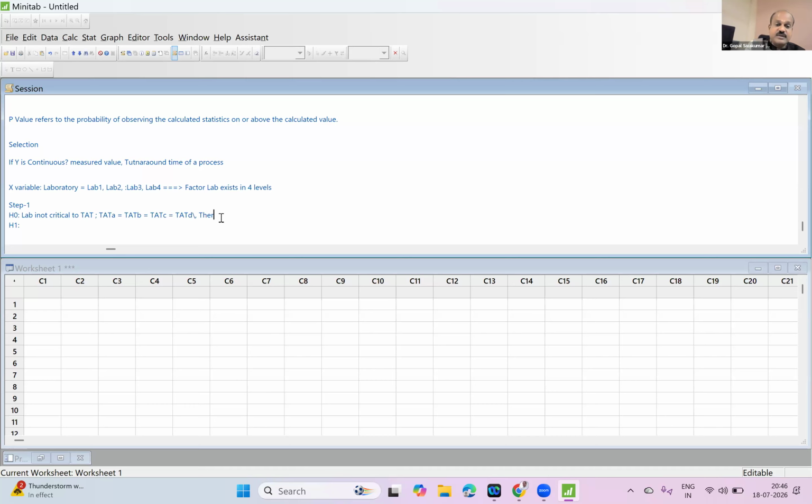So that is another way of writing it. This is very simple, the mathematical expression for A, B, C, D. So the alternate will be there is a difference. There is a difference means not equal to.